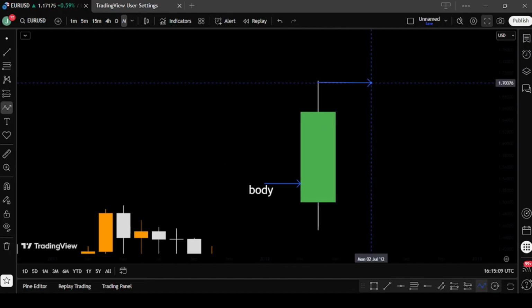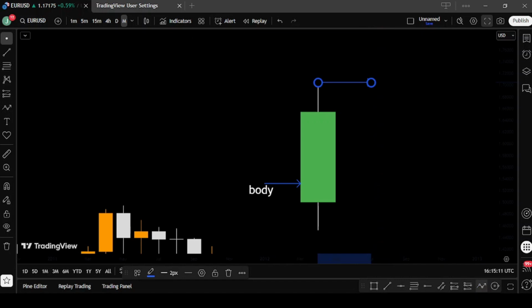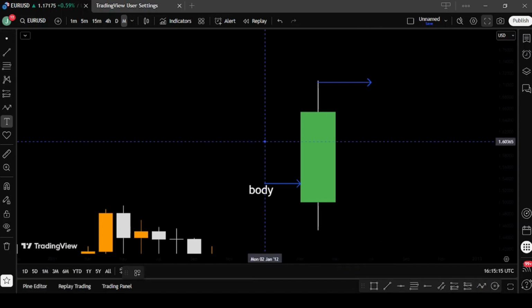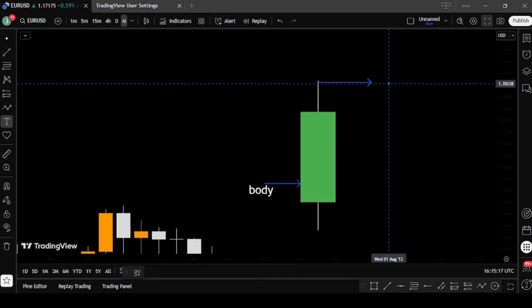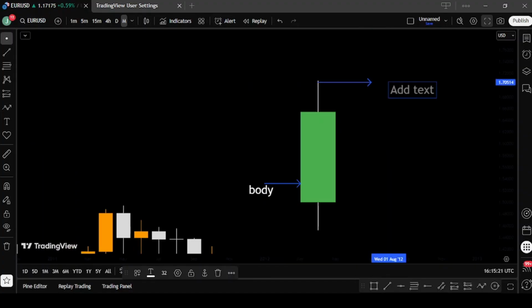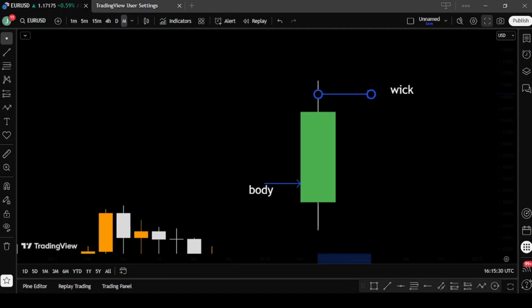Where am I drawing my shadows actually? Okay, this is the wick. Write this as the wick. How do we spell wick? W-I-C-K. The wick. So we have the body and the wick.